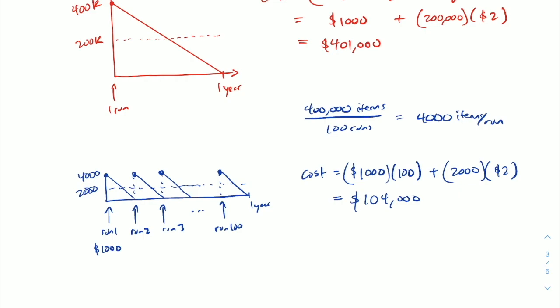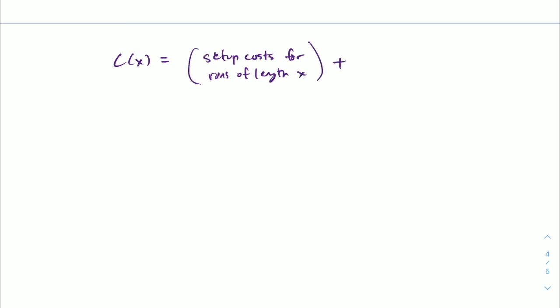So let's think about cost as a function, and we'll optimize this function. Okay, so cost is going to be now a function of x. It's going to be the setup costs for runs of length x plus the storage costs for x items.